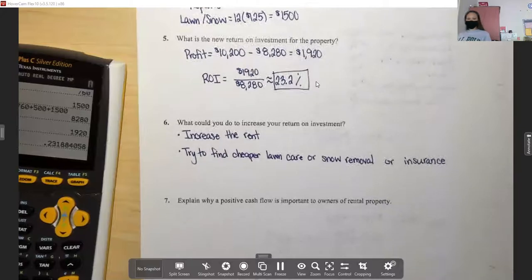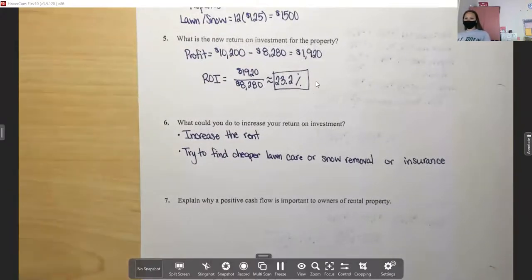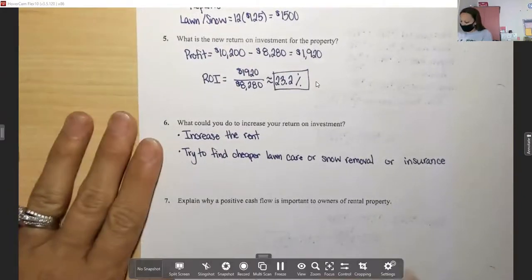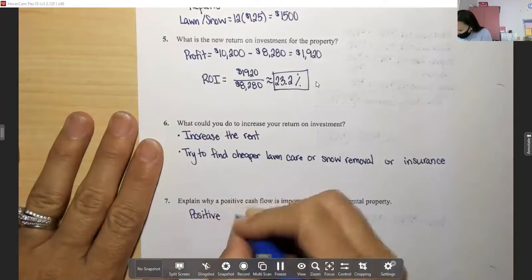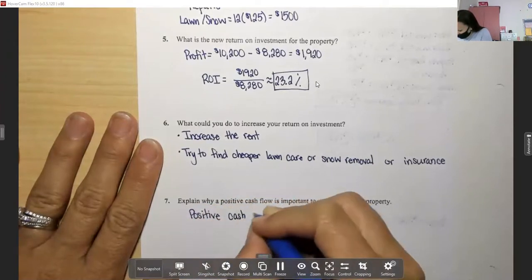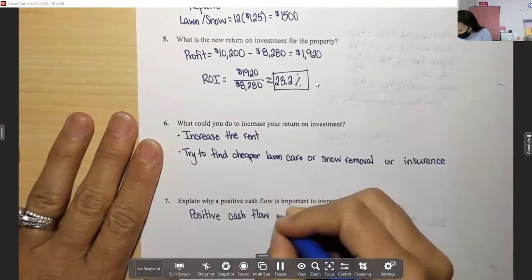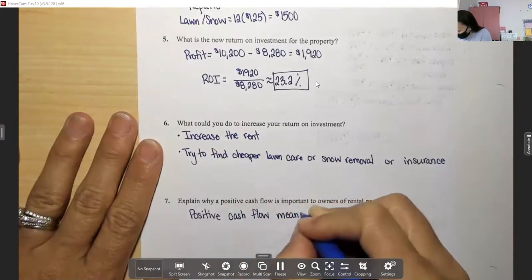So why is a positive cash flow important to owners of rental property? So a positive cash flow means you are making a profit.